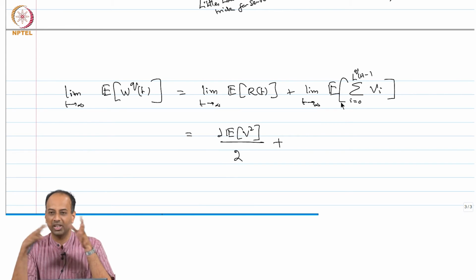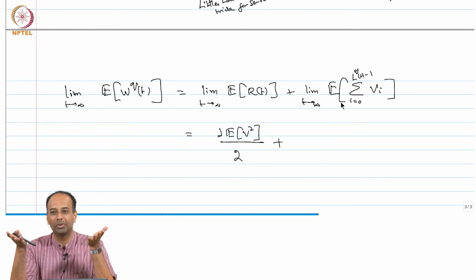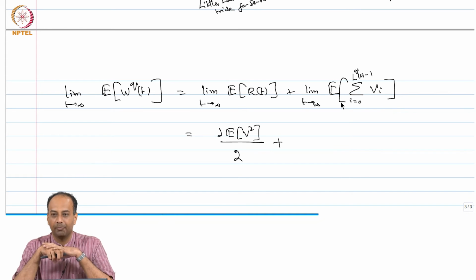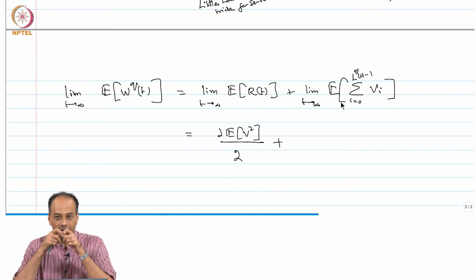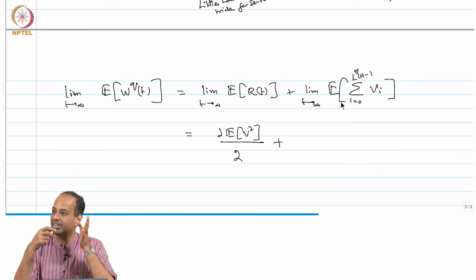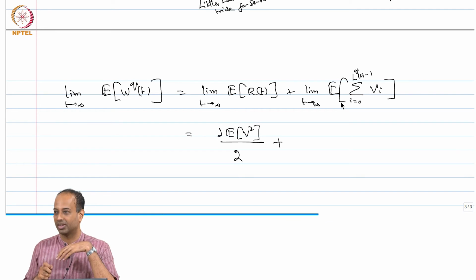How many of these Vi random variables am I summing? I am summing a random number of these random variables. Now, LQ of t is the number of people waiting in the queue at time t. This LQ of t depends only on the past arrival times and the past departure times. So, it depends on the arrival times of customers who have come so far and the departure times of customers who have already left.